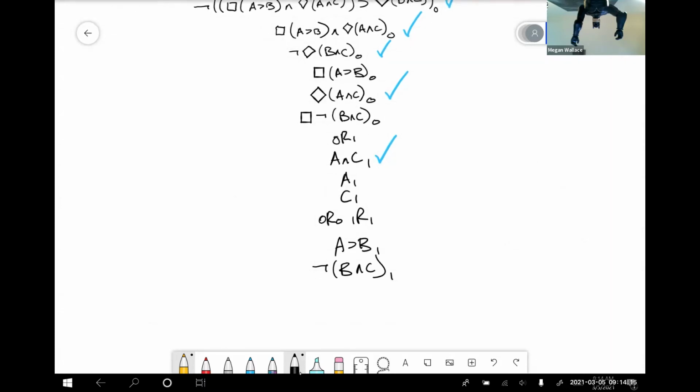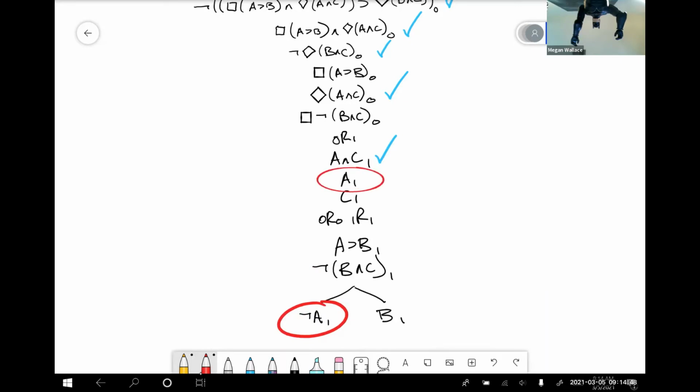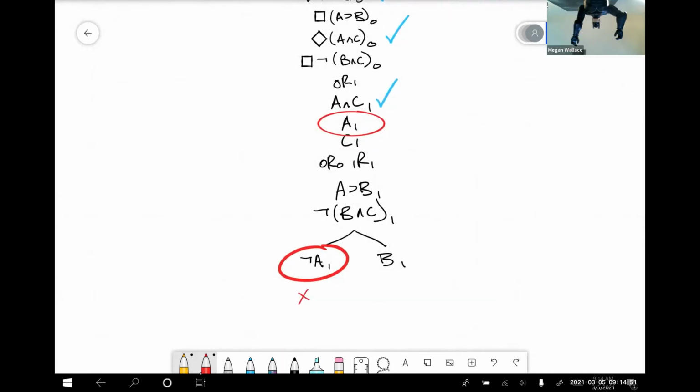And at this point, I see that I have this one, and now we're back to our chapter 1, very beginning of the semester tableau rules without any modal claims. I'm going to apply those rules to see if we can get a contradiction, and as you will see, we can. So I'm going to take the first one, and A then B at 1 becomes not A at 1 and B at 1. And that already gives us a contradiction because we have not A at 1, and we have A at 1, so that's our contradiction there.